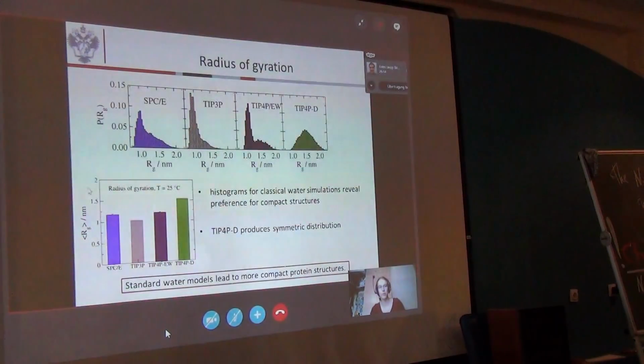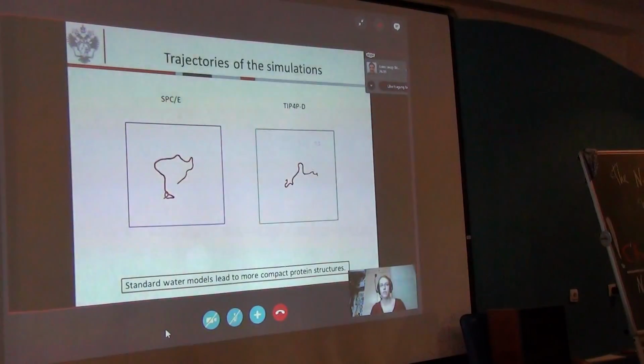We find the same trend when we plot the mean of the radius of gyration, and we see that for TIP4PD there's a larger value of this mean. Now we can look at the trajectories just to give you an impression what the difference is.